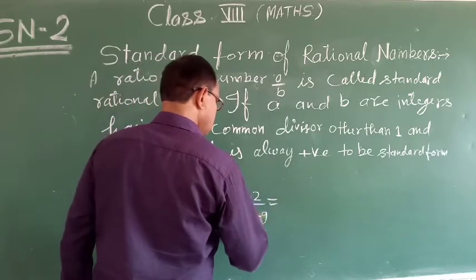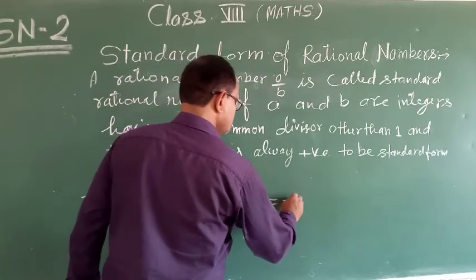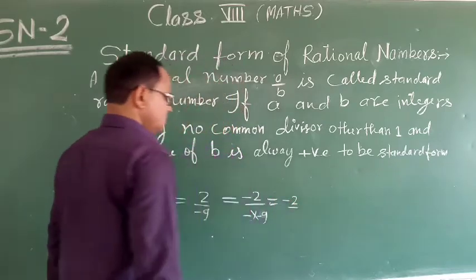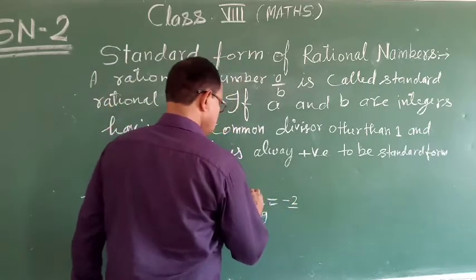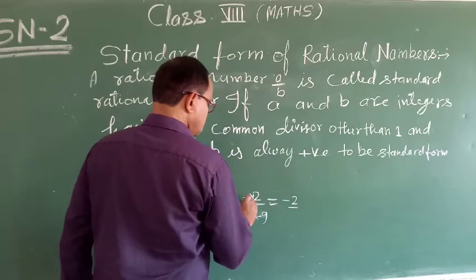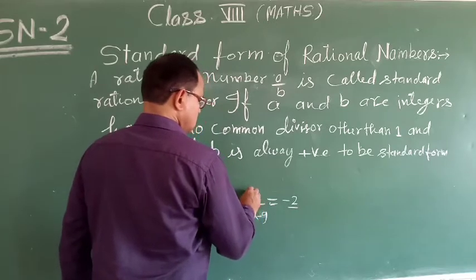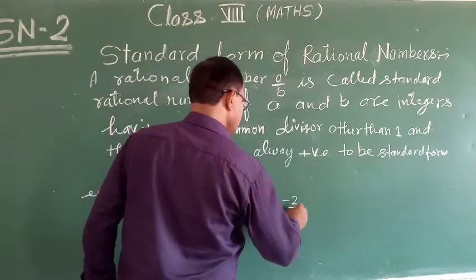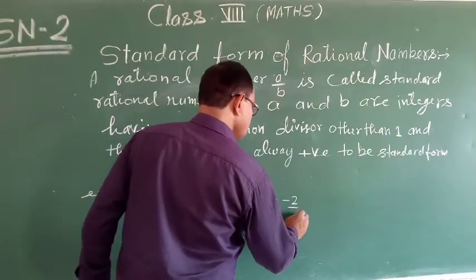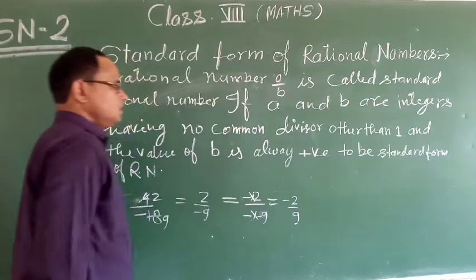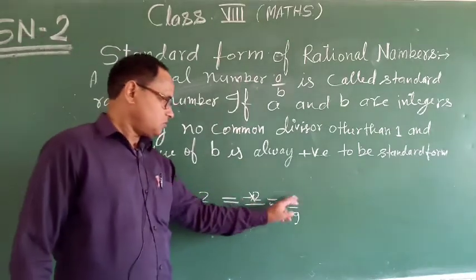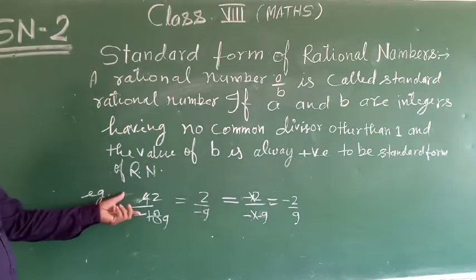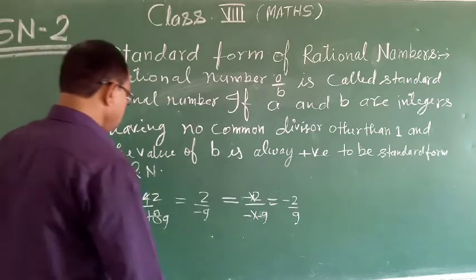Then we get minus into minus plus, minus multiply in 2. Then we get here 2 by 9. Here minus 2 by 9 is the standard form of 4 upon minus 18.